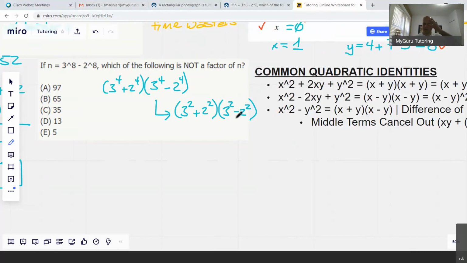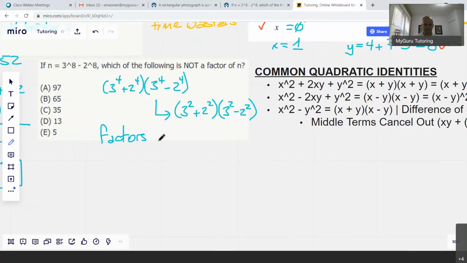And so again, we've got a couple of different situations where we can break it down based on the difference of two squares. At this point, I probably know what some factors are, since these are basically all the factors of n.